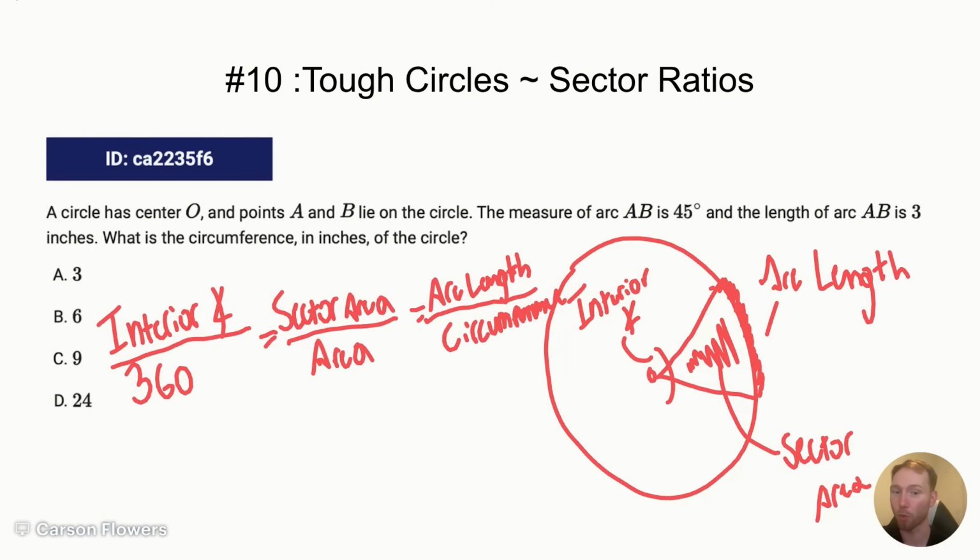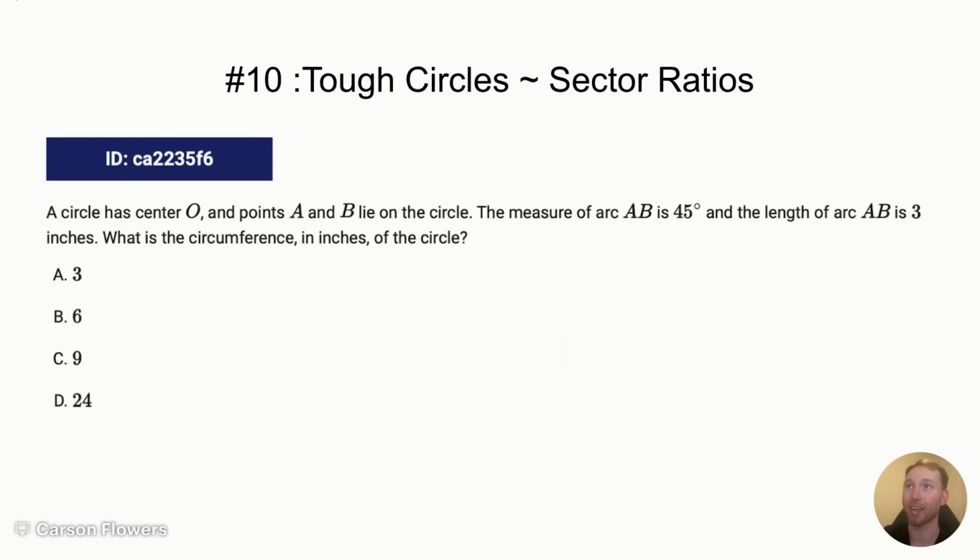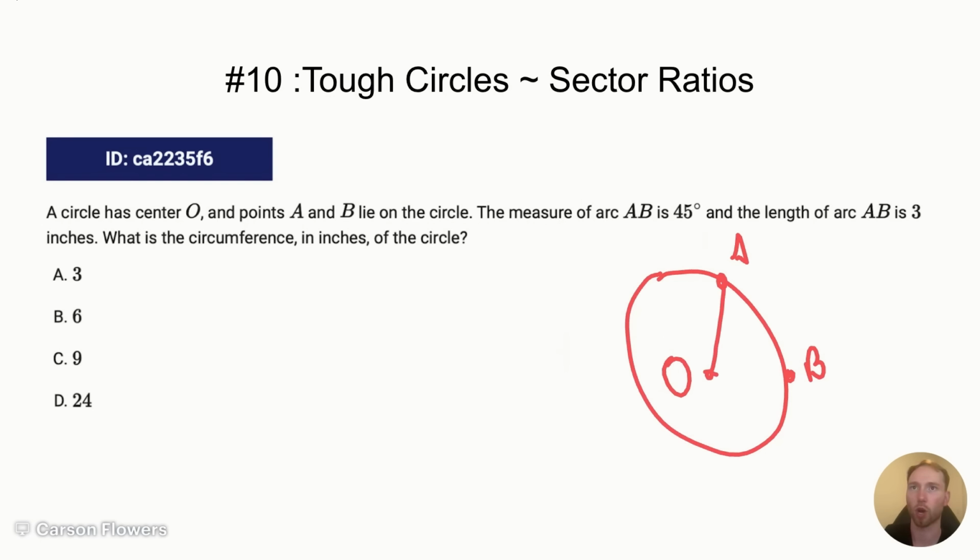Let's take what we learned and apply it to this question. A circle has center O and the points A, B lie on the circle. With all geometry problems, you want to draw it. So we have center O and then we have A and B. The measure of arc AB is 45 degrees, so this arc is 45 degrees. And the length of the arc is 3 inches.